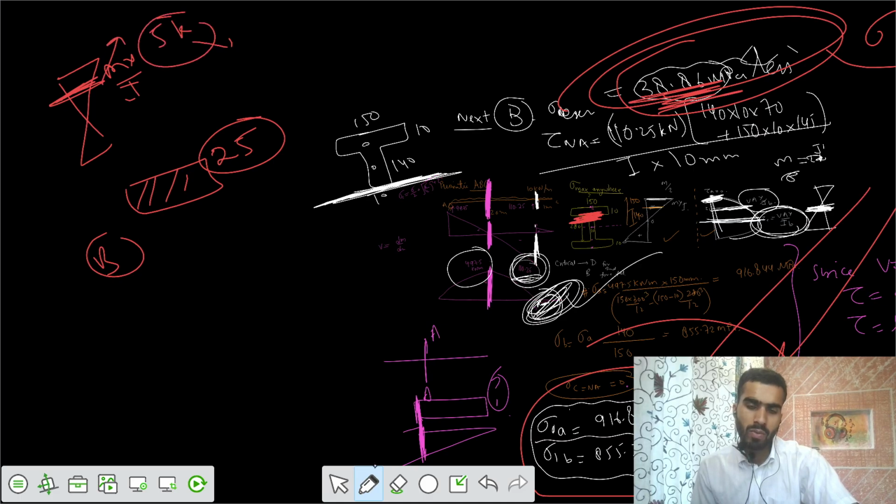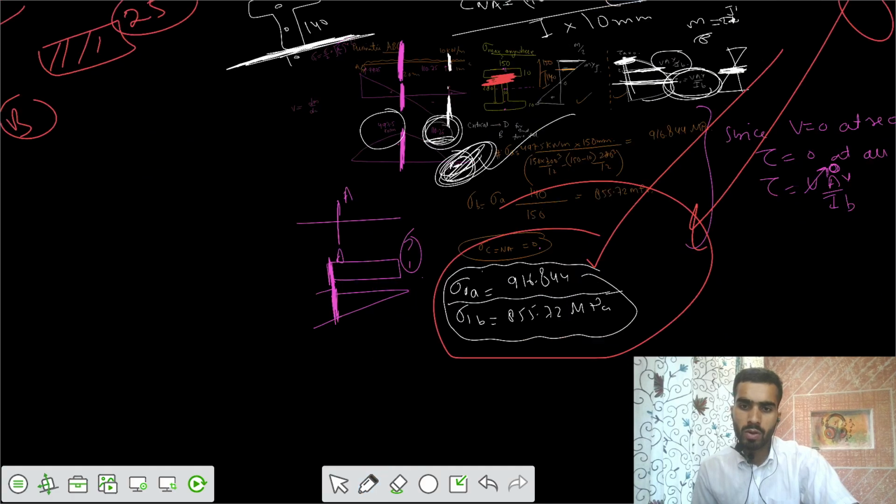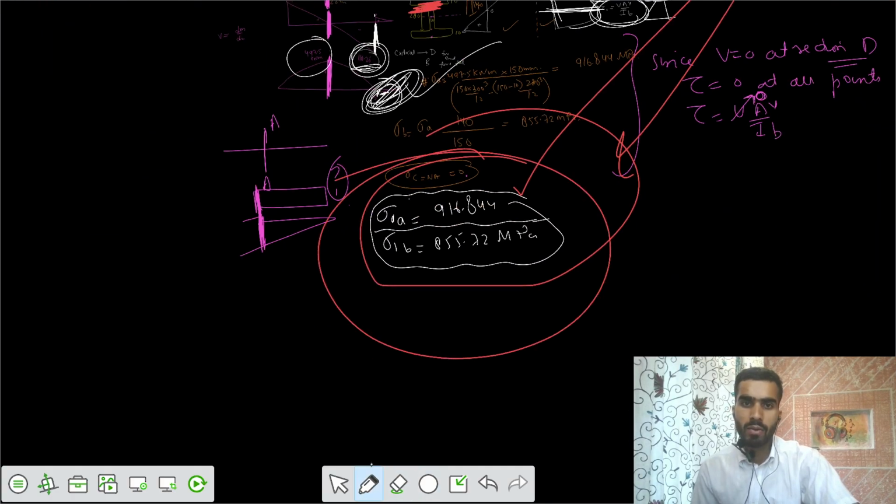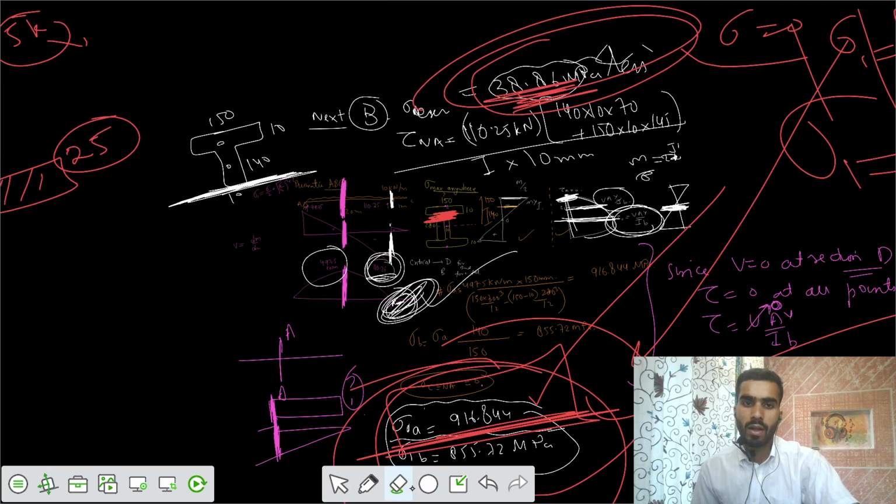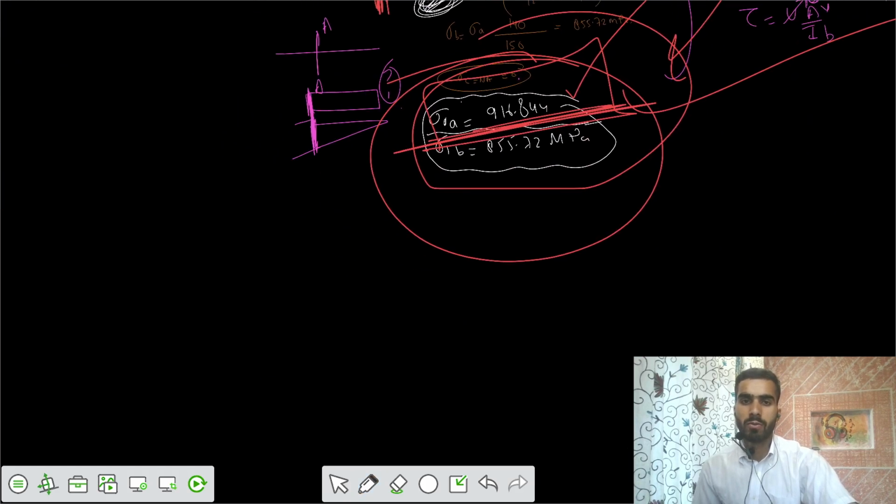But the final value would not be more than that 916. So you can say the major principal stress in the beam is sigma 1 equals 916.844, at section D. At this section we have major principal stress of 916.844.